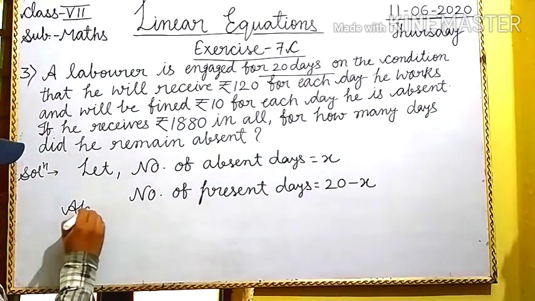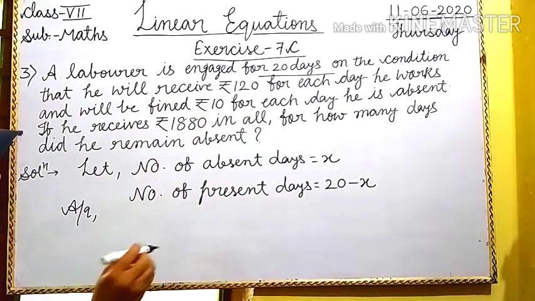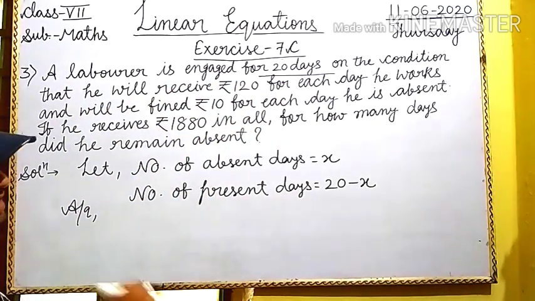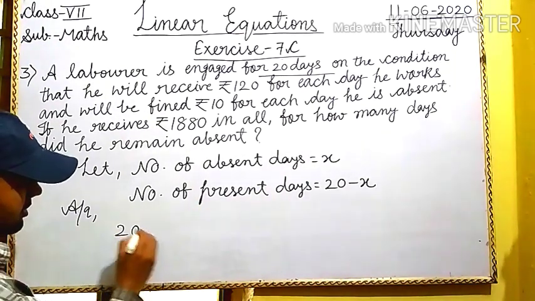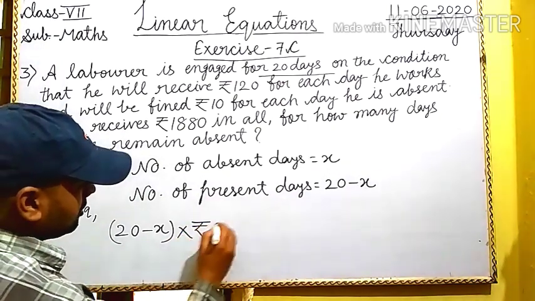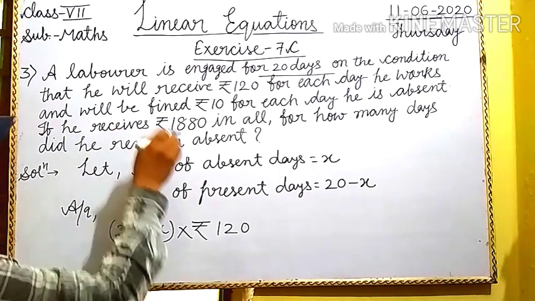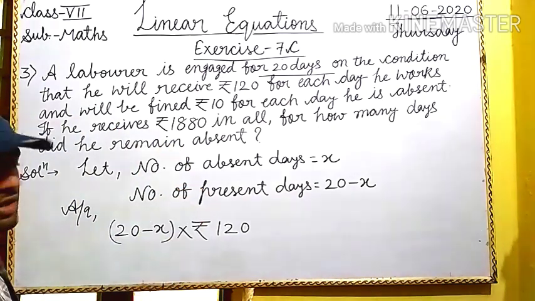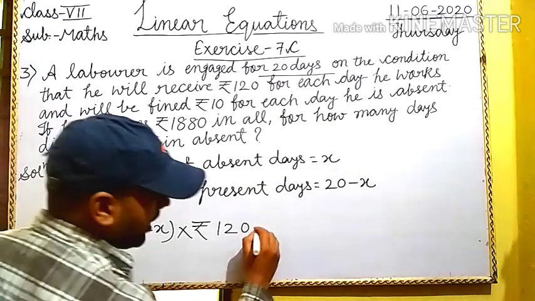According to the question, he will receive 120 rupees for each day he works. So he works 20 minus x days and receives 120 rupees for each. And we fine 10 rupees for each day, and in case of a fine we use a minus sign.